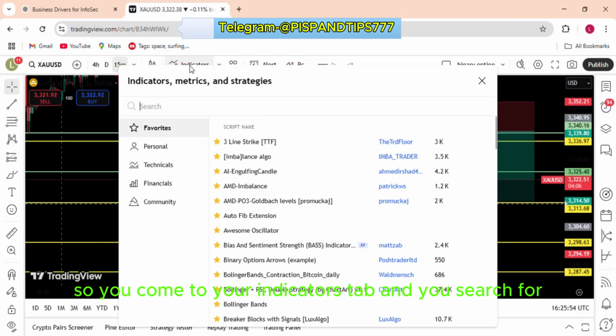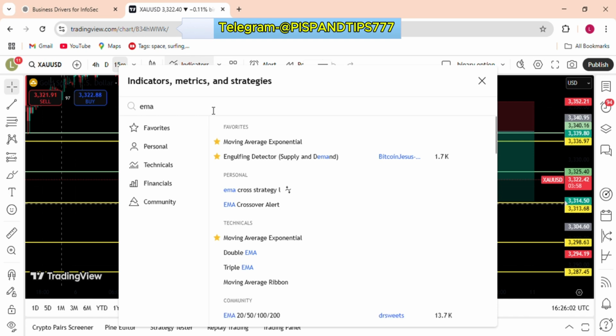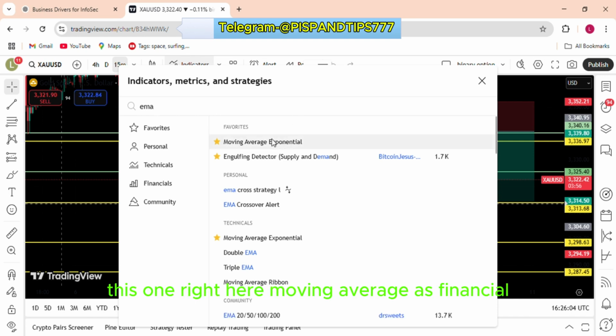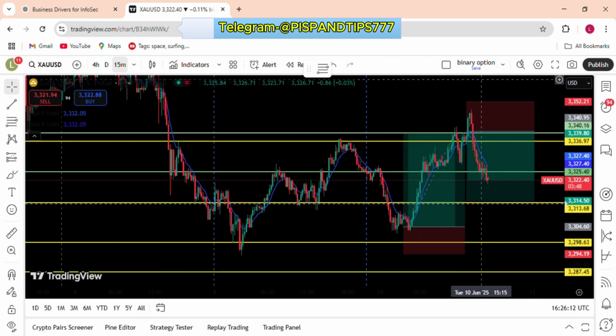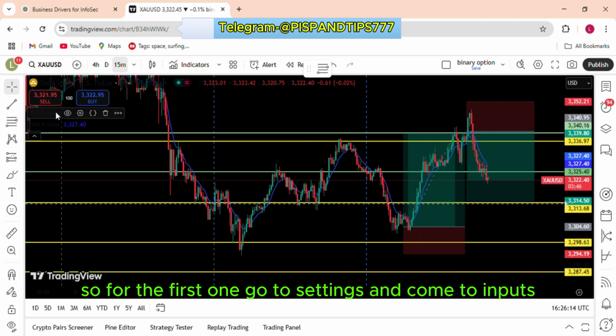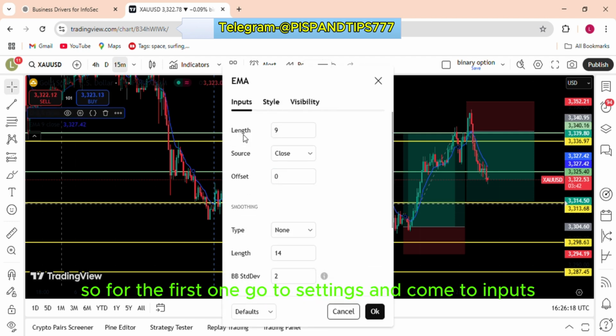You come to your indicators tab and search for EMA, this one right here, moving average exponential. You put 2 on the chart. For the first one, go to settings, then come to inputs.